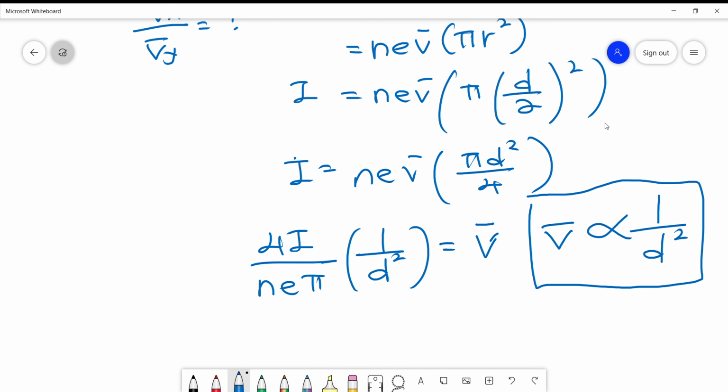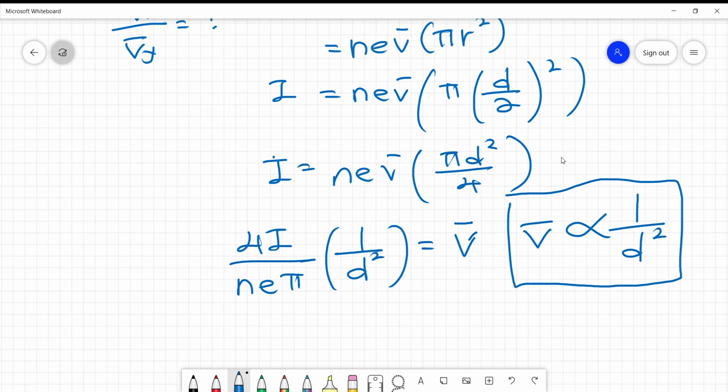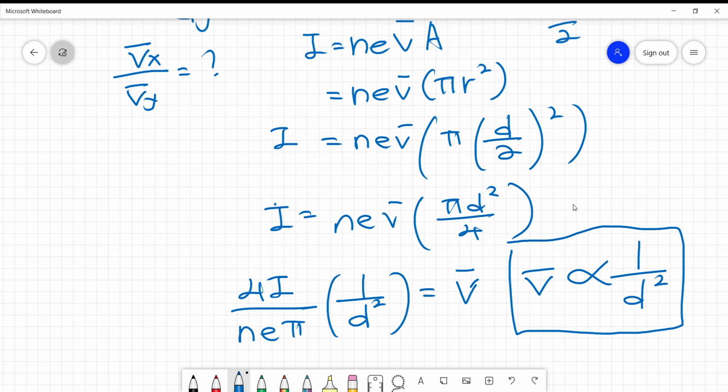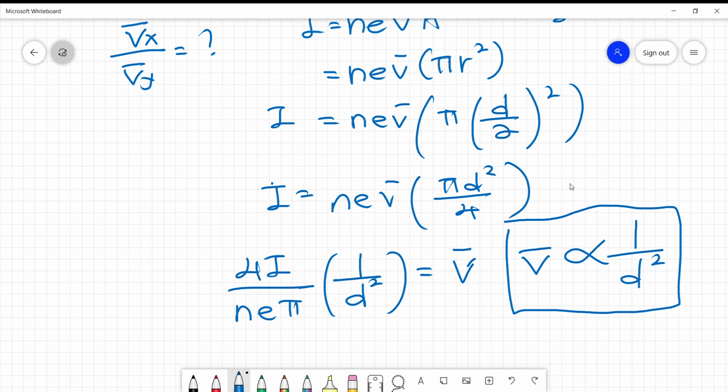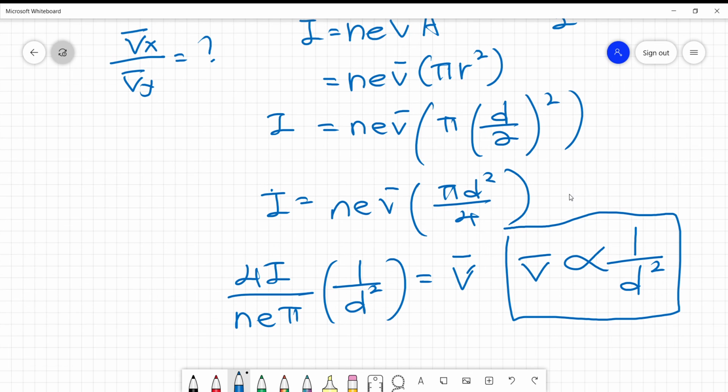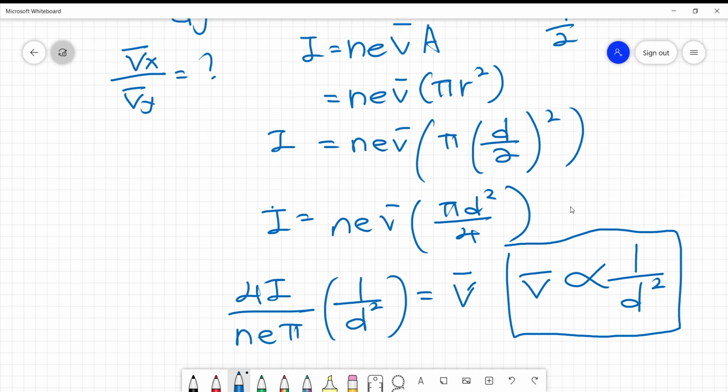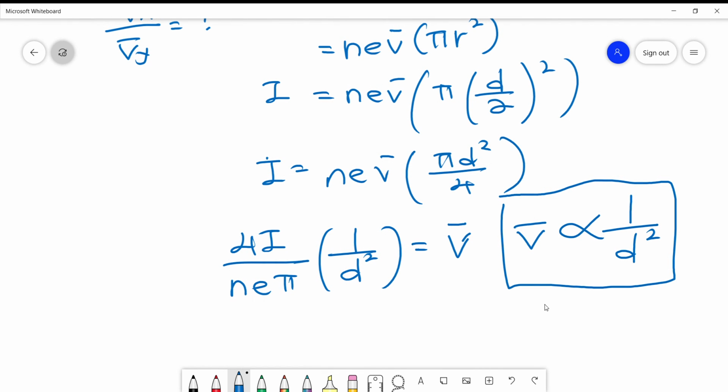From this relation we are able to find the ratio of the V bar x to the V bar y.